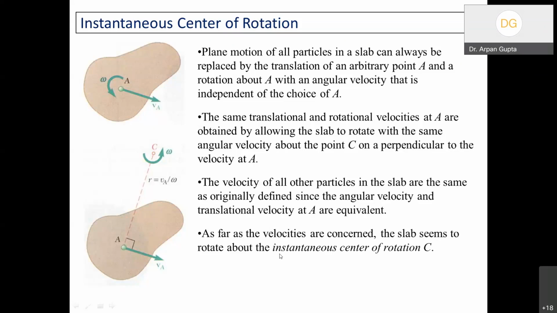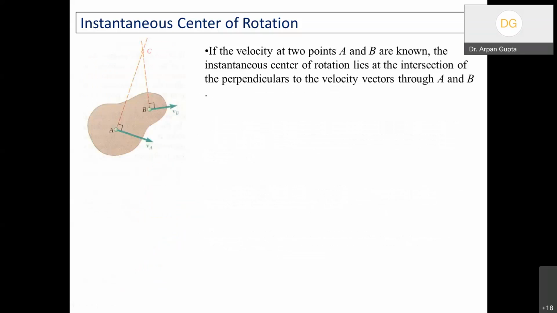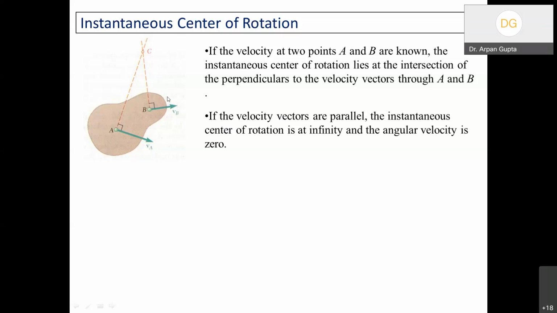So at this instant, it appears that the body is rotating about point C. Another way, if we have two points, A and B, and the velocities are known, then if I draw perpendiculars to these two velocity directions, the intersection point will lead us to the instantaneous center of rotation. And that is the point about which we can assume that this whole body is in pure rotation at this instant.